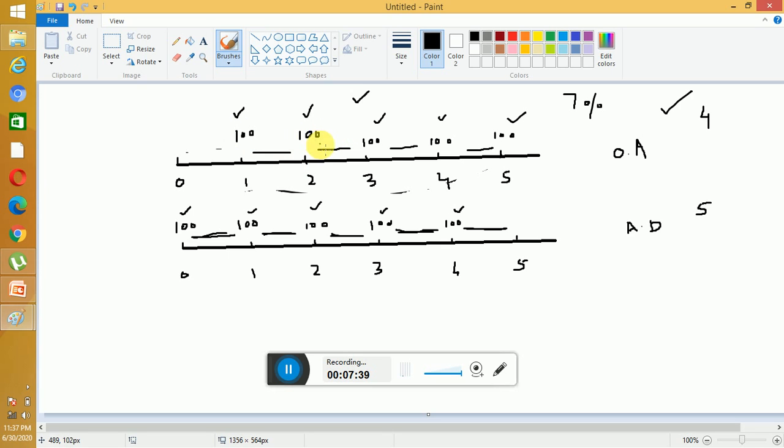Now see the second $100. We receive interest 1, 2 and 3 times, but here we receive interest 4 times. So here 4 times, here 5 times, here 3 times, here 4 times.